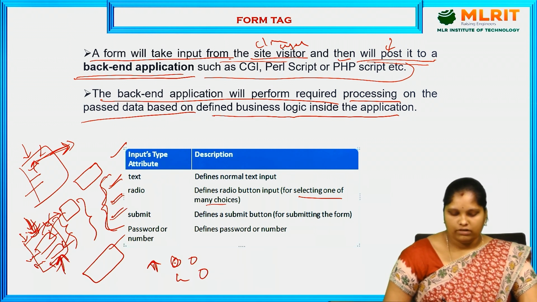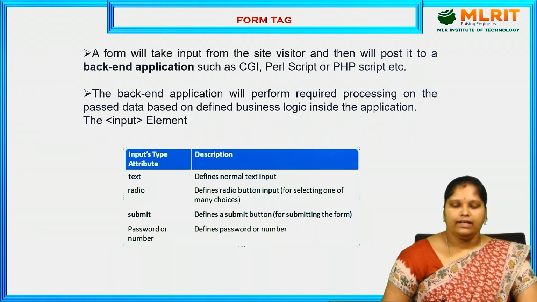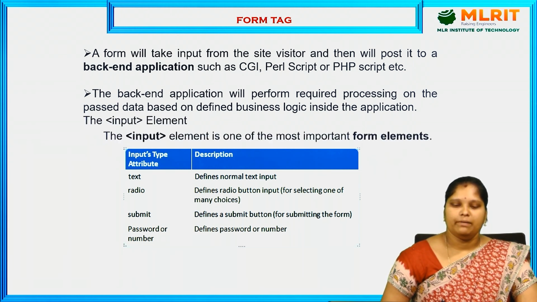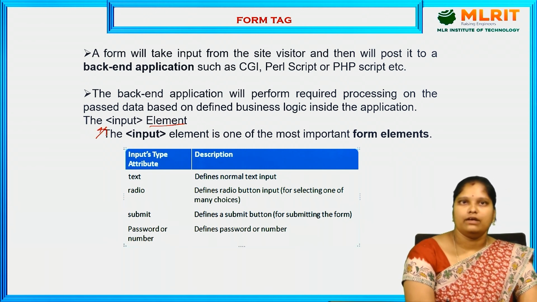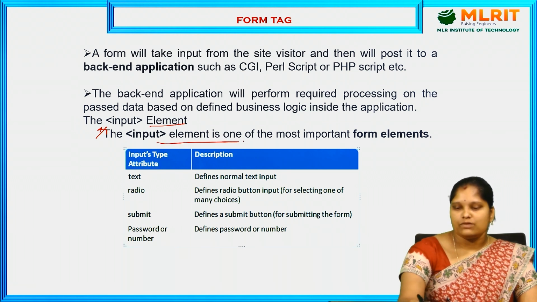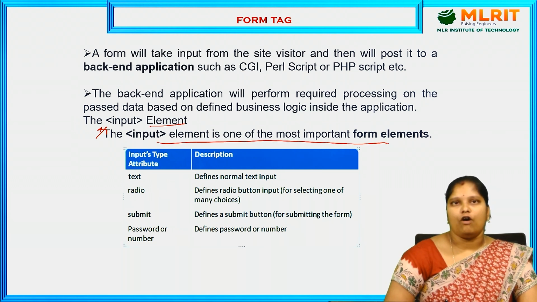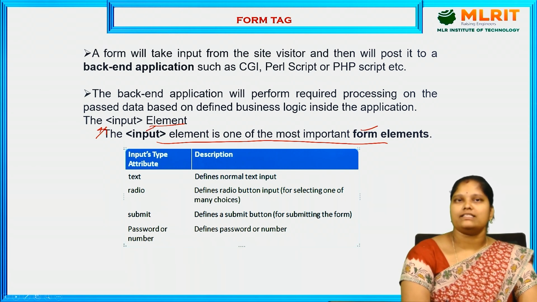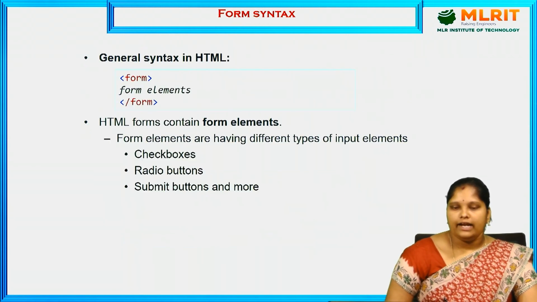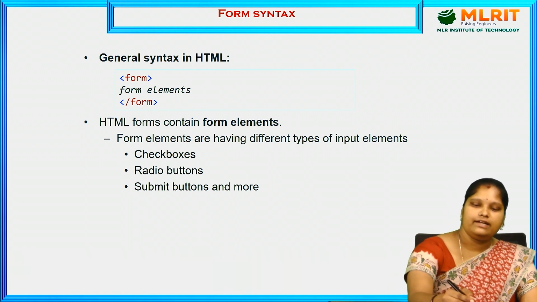This is about the form tag. Here, the basic element of the form tag is input. The input element is one of the most important form elements. This is the general syntax.